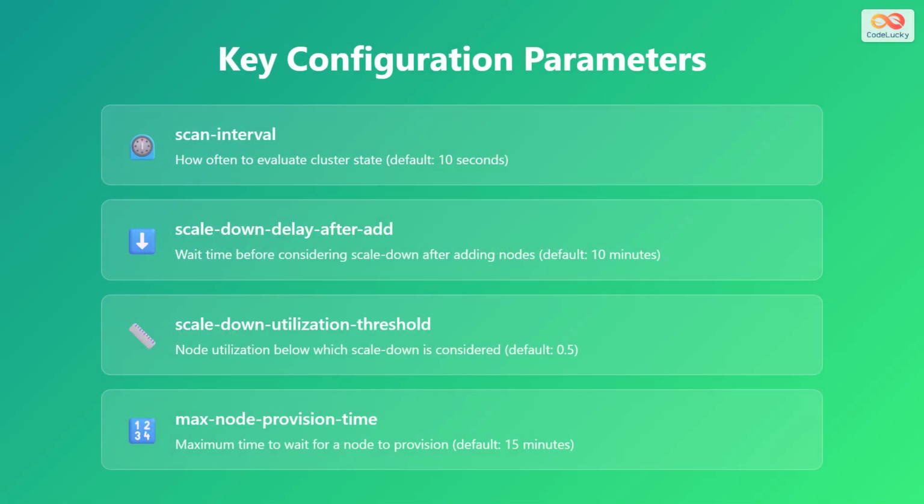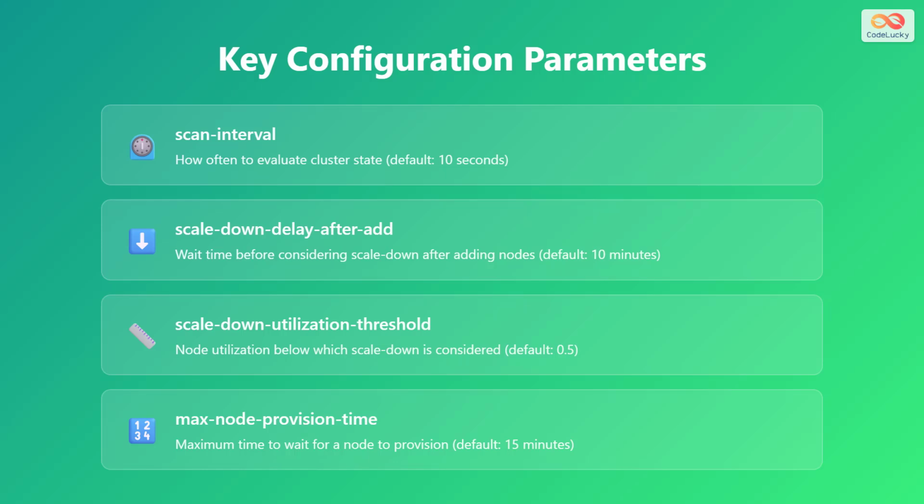Cluster Autoscaler has several important configuration parameters that control its behavior. The scan interval parameter determines how often the autoscaler evaluates the cluster state, with a default of 10 seconds. The scale-down delay after add parameter specifies the wait time before considering a scale-down after adding new nodes, defaulting to 10 minutes. This prevents the autoscaler from immediately removing nodes it just added.